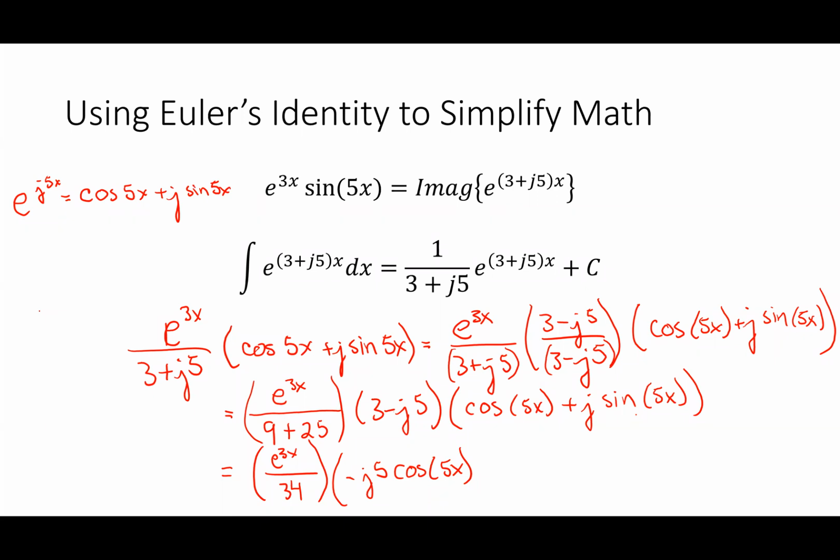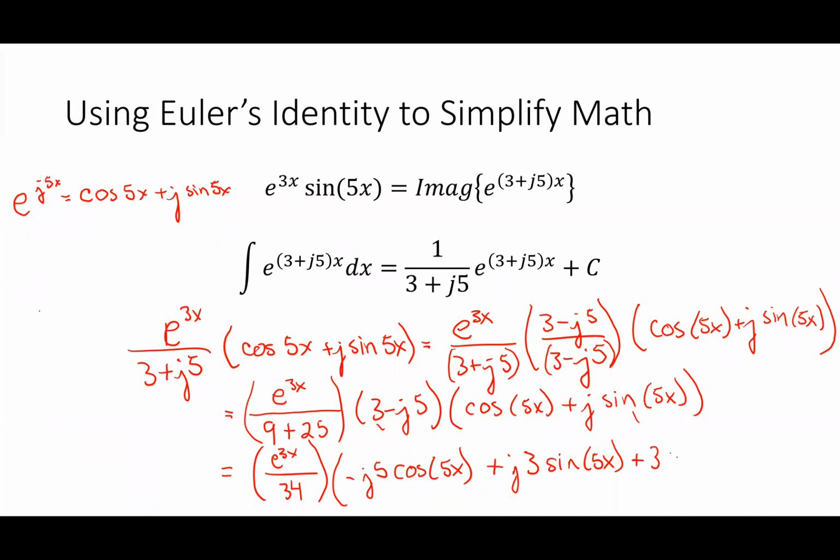Where else? There's another multiplication that'll give me an imaginary part, right? How about 3 times j sine 5x? So j 3 sine 5x, like that. There's also a real part term. What would it be?